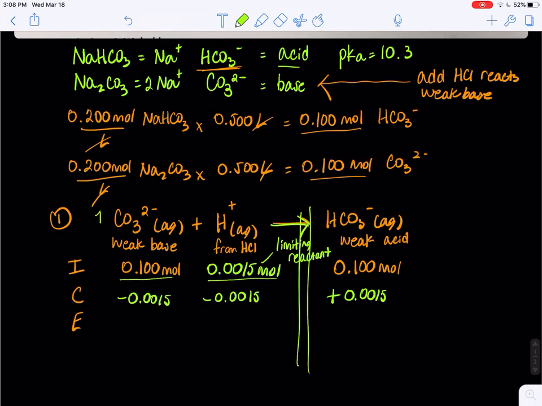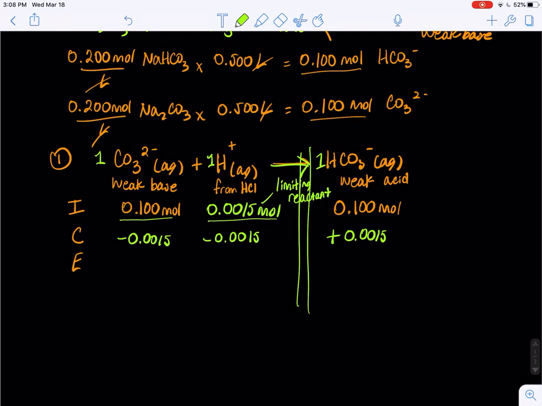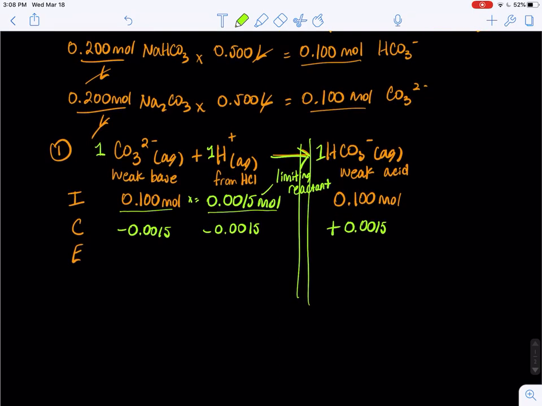All of the coefficients here are 1. So what we're basically doing is subtracting x from the two left reactants and adding x to the product. And we know what x is. X is equal to this amount here. Now what we need to do is go ahead and add the columns.